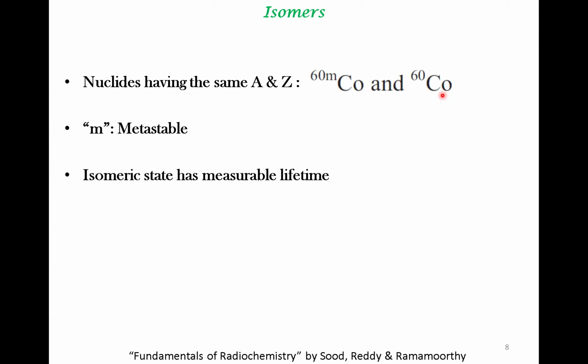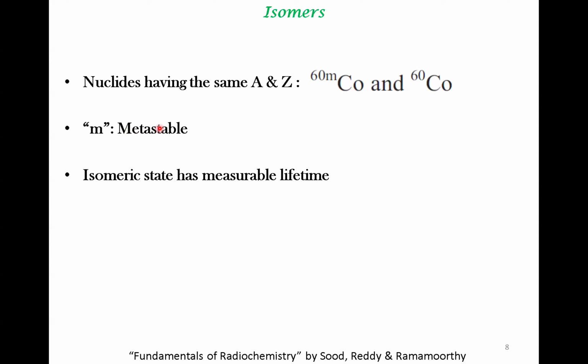Of course, isomeric states have a measurable lifetime. That's what is important. You can isolate this and measure the lifetime of this nucleus. That's the difference between just a collective excitation, which has high energy, and an excitation which is metastable.